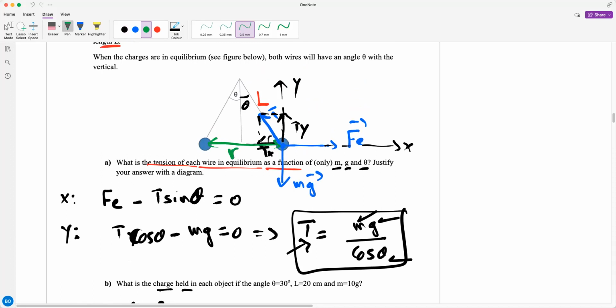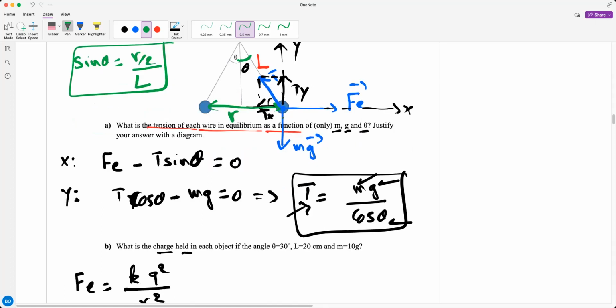Now, remember that sine theta of this angle is equal to R over 2 divided by L. Sine theta is equal to R over 2, the half of the distance, the opposite side, divided by the hypotenuse, which is the length.